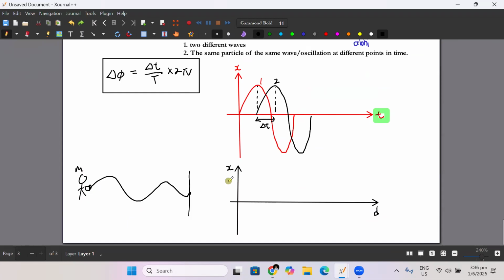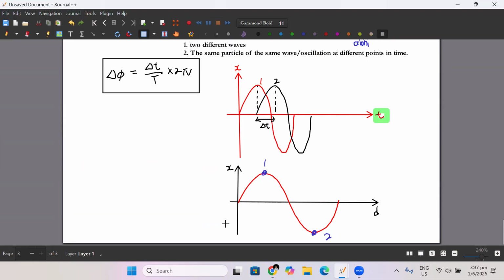So let's say I take 2 points. Suppose I take this point and this point. Then I want to compare their difference in phase, the ones at the very top, the other ones at the bottom. So on the graph, it will look something like this. I'm trying to find the phase difference of two different points on the same wave, this versus this, 1 versus 2. Then easy. Let me just get rid of this.